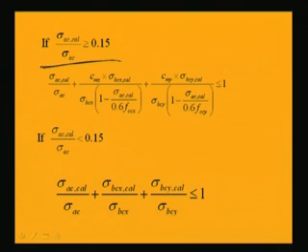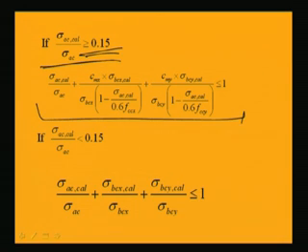Again, in the codal provision we have seen that if sigma AC calculated by sigma AC is greater than 0.15, then for the biaxial moment we can write it this way: sigma AC calculated by sigma AC plus Cmx into sigma BCx calculated by sigma BCx into 1 minus sigma AC calculated by 0.6 FCCx, and similarly in the y direction.